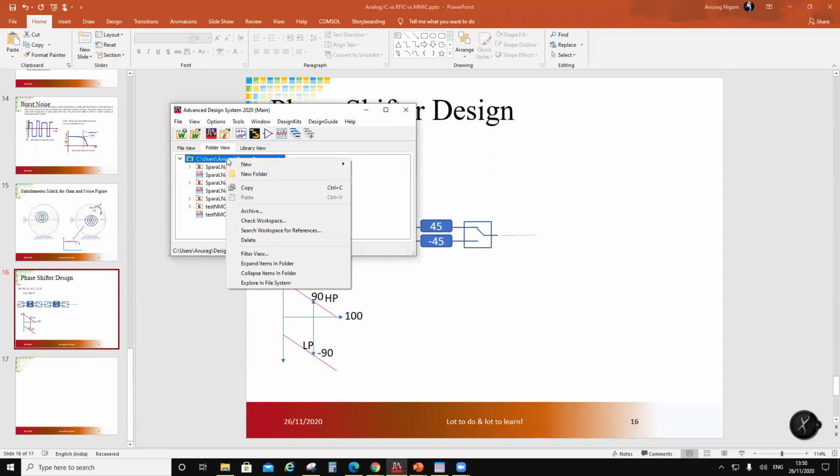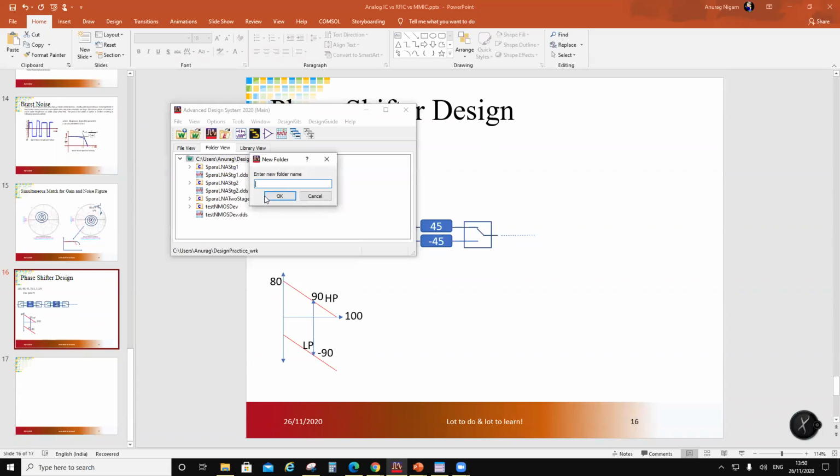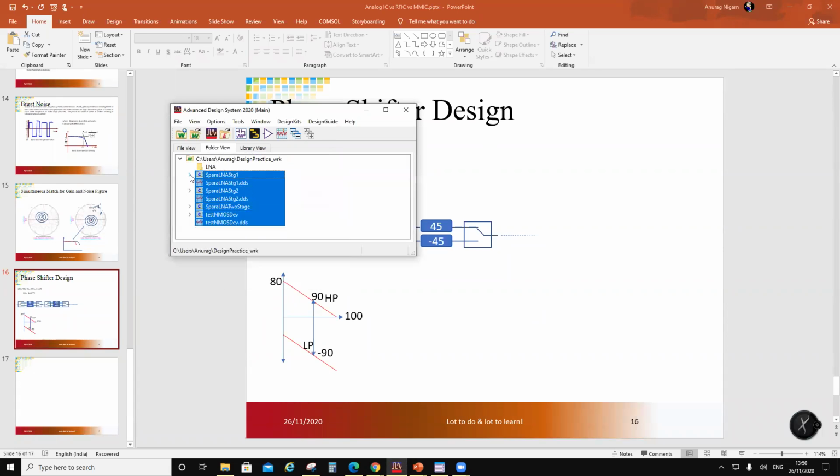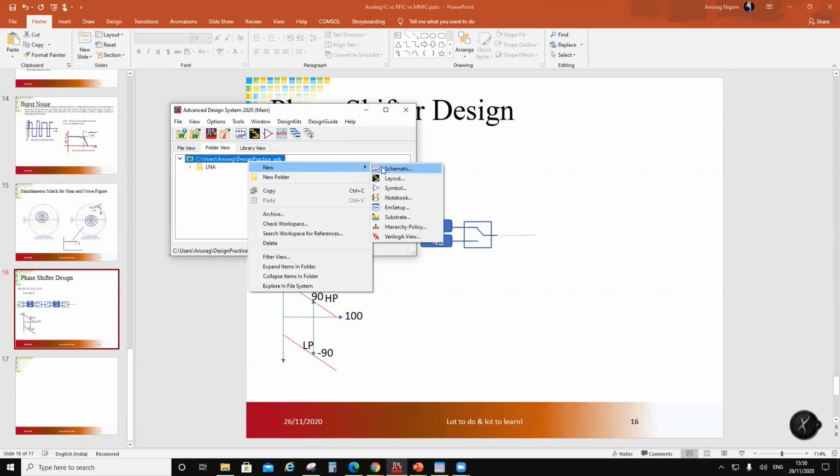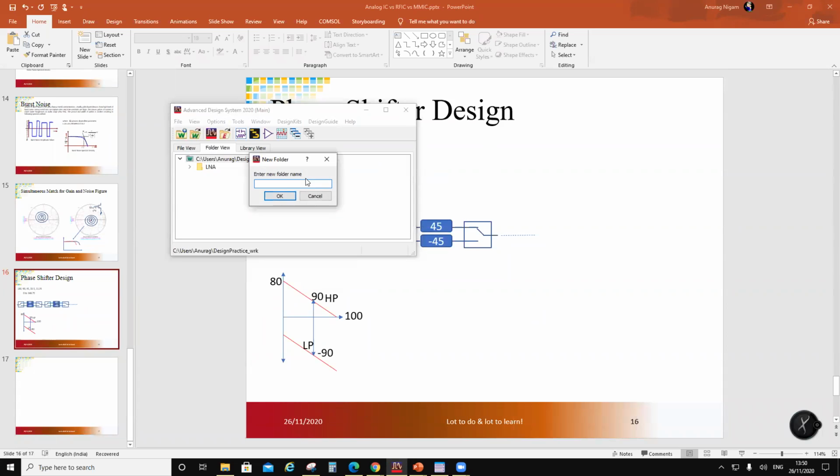So what I'll do is I'll go to new schematic. I will put all of this in one folder. I'll call this LNA, new folder, and previous designs I'll put under LNA. So this whole thing goes under LNA. Now I'm going to make a new folder and call it phase shifter.